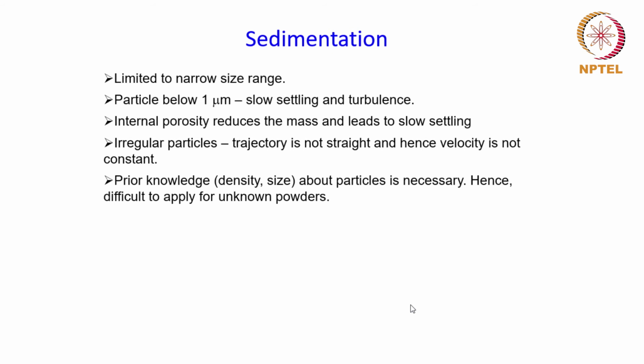Also, some prior knowledge about the particles in terms of their density and an approximate size is needed beforehand to carry out the measurement by this technique, and therefore it is difficult to apply for unknown powders where such properties are not known beforehand.